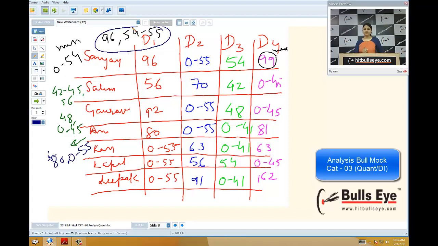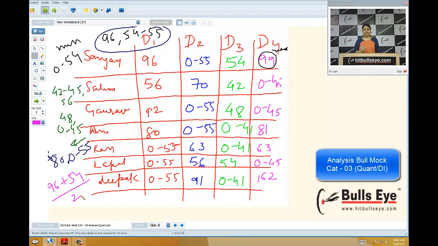The average is the sum of two quantities divided by the number of observations, that is 2 in this case. So it will be 96 plus 54 by 2, or it will be 96 plus 55 by 2. But we cannot take the case of 55 because in that case sigma will not be an integral value. We have to reject that. So for Sanjay it can be calculated exactly.